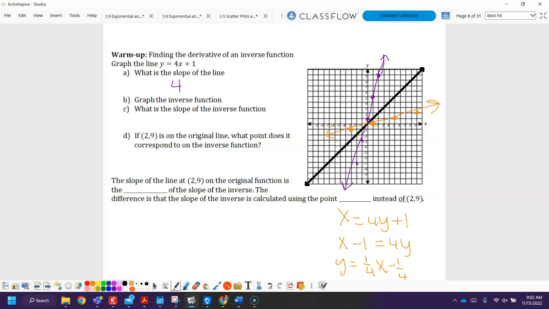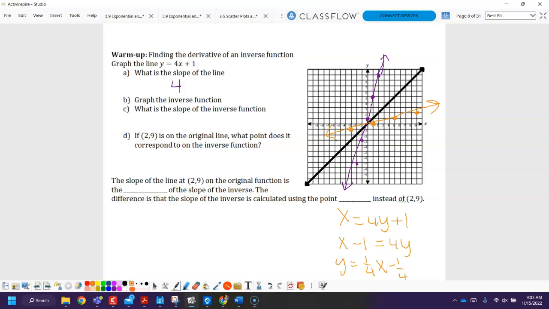So we graphed its inverse. What is the slope of that inverse function? 1/4. So the connection is going to be between the 4 and the 1/4. So if f prime is equal to 4, its inverse slope is equal to 1 over 4, aka 1 over f prime of x.